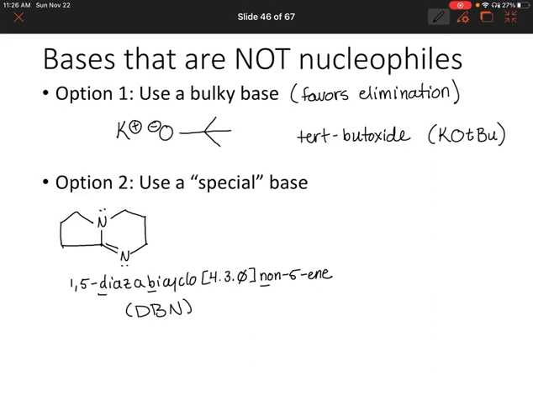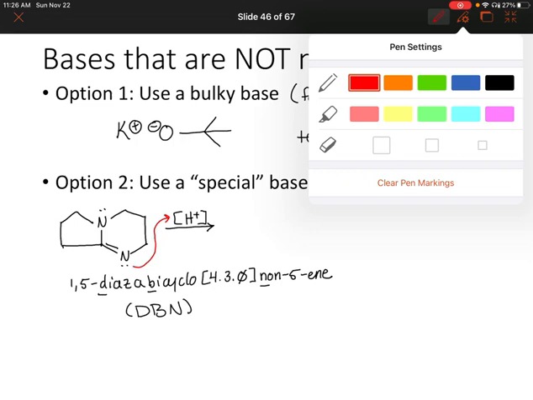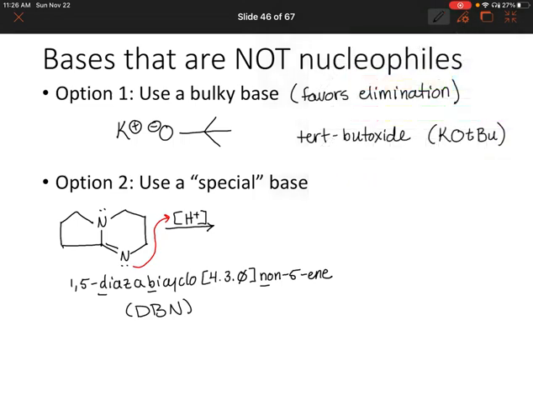Now, when this reacts with a hydrogen, or when it takes a hydrogen, so we'll just write H plus here above the arrow, the nitrogen on the bottom of the ring will take the hydrogen, and then we'll end up with the following. And this can actually go through a resonance structure.